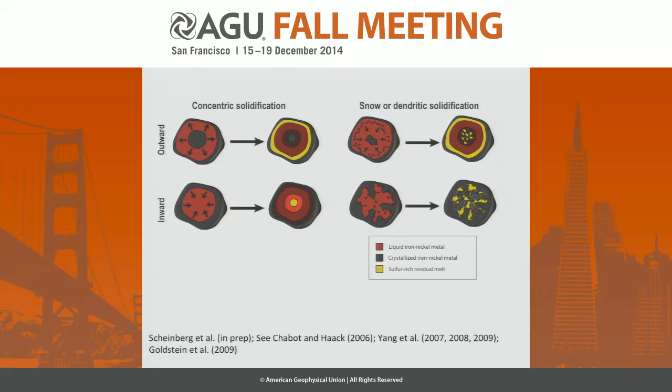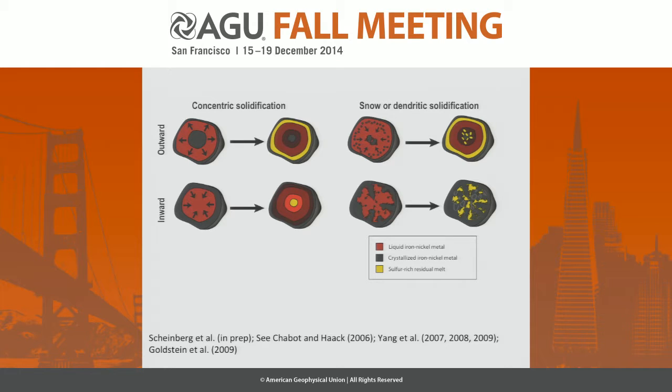And the compelling data from the iron meteorite collections that we have is that some of these bodies really did crystallize outside in and some inside out. Now, isn't that a fascinating conundrum? And not only that, but there's the suggestion that they might not crystallize neatly in this way in clear concentric circles, but there might be snow or dendrites that form and create a more complex body in the end.